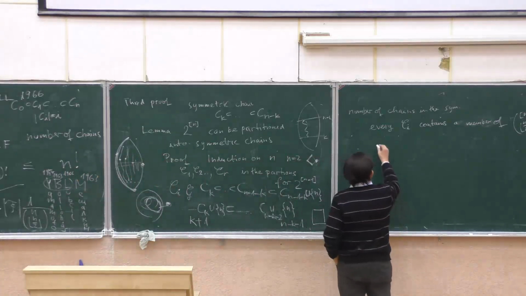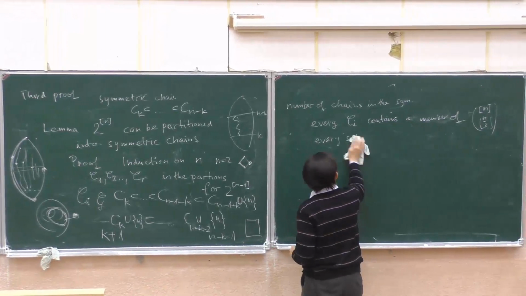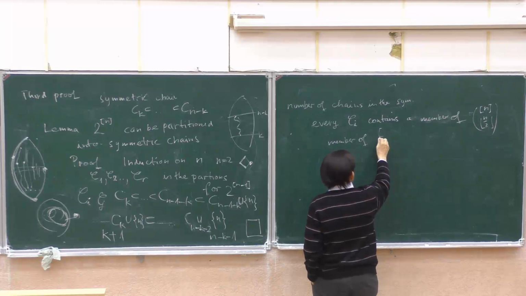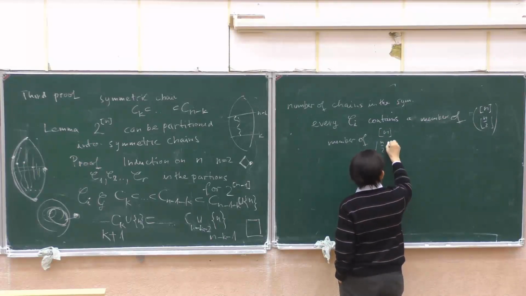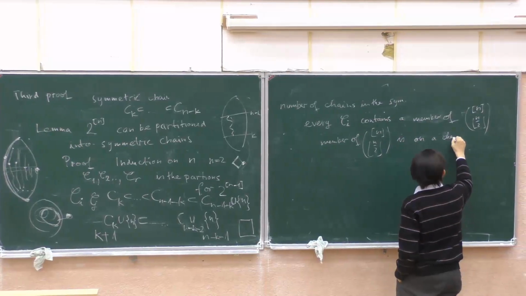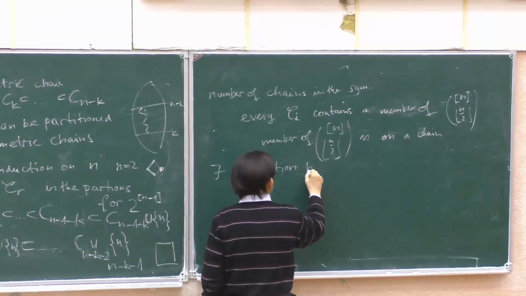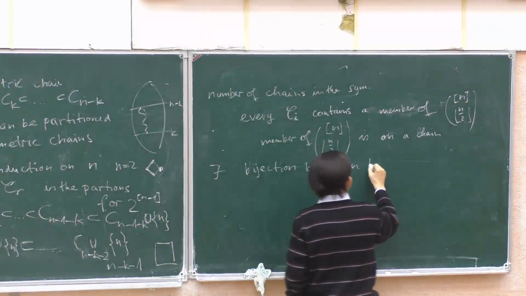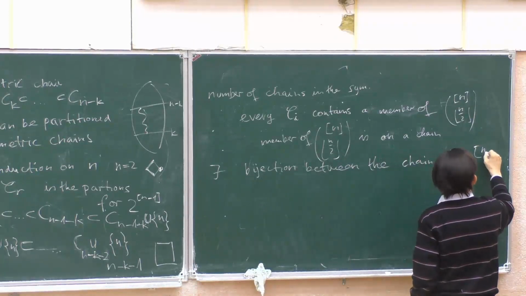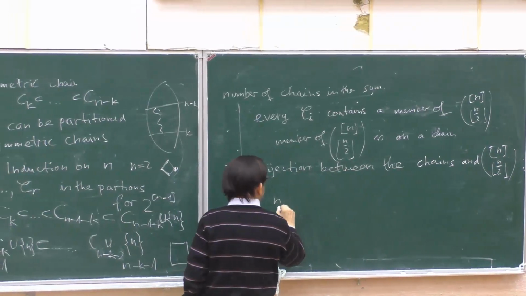And every member... so there is a bijection. So the number of chains is n choose n half.